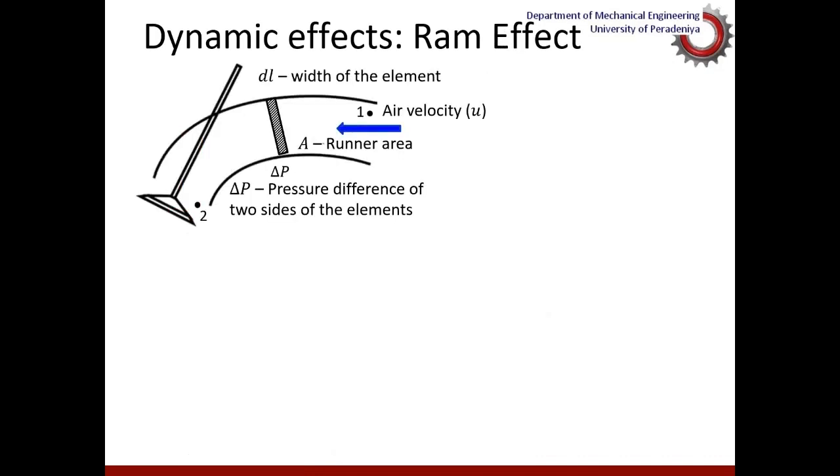And if you look in a little more detail at this ram effect, take 2 points, 1 and 2. This is an upstream point with an intake air velocity u, and this is a point on the valve open area, point 2. And if you consider a small element in the runner with length dl and area A, and the pressure difference between the two sides of the small element is delta P, then you can use F equals ma to relate the forces to the acceleration of the flow.